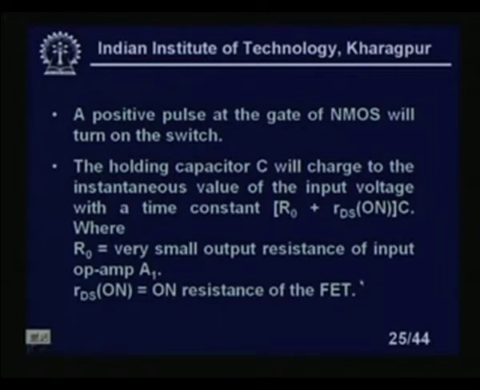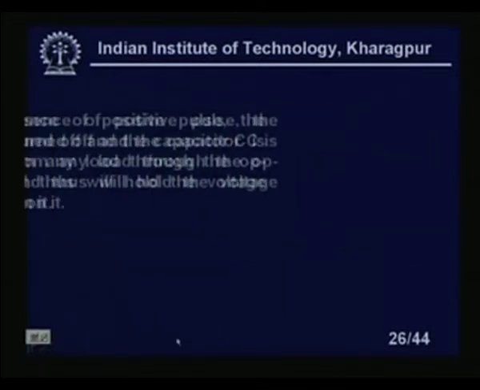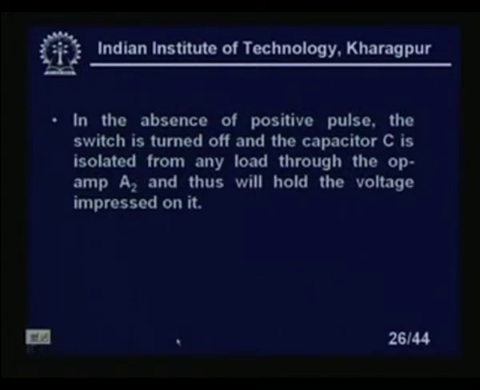In the absence of the positive pulse, the switch is turned off and the capacitor is isolated from any load through the op amp A2, and thus will hold the voltage impressed on it.